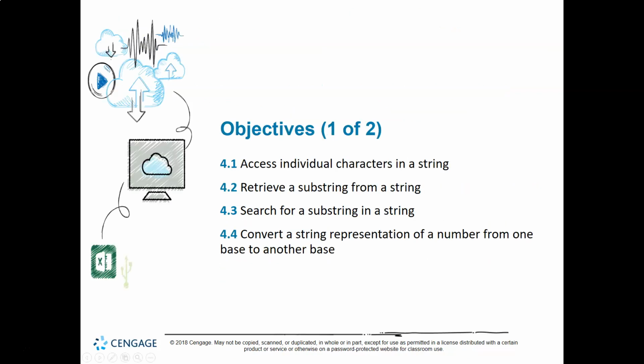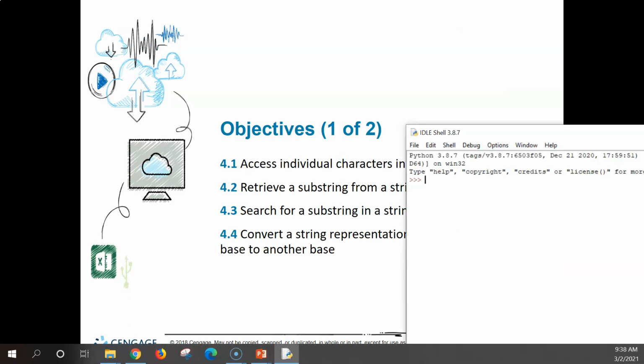Somewhere on here I have my IDLE. So we could say name equals, and so that's a string. We don't do anything with it other than assign it. But if I now wanted to print, I've assigned it a value, and it takes it back.